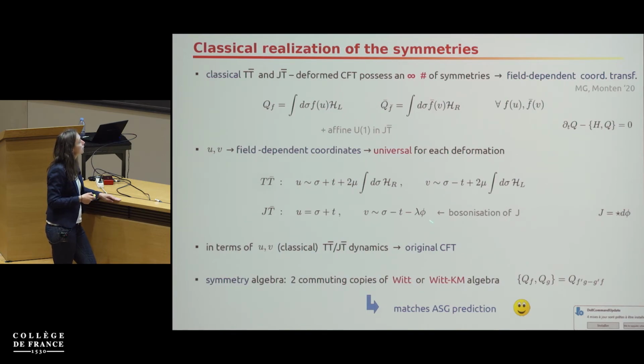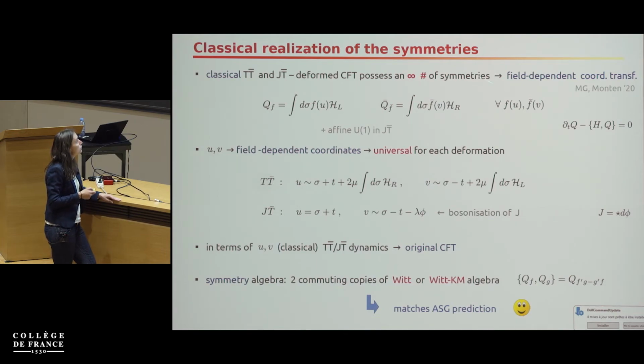In J T bar, the field-dependent coordinates are actually simpler. The first one is not field-dependent at all, because we have a local symmetry on the left. On the right-moving side, the field-dependent coordinate is the right-moving coordinate minus lambda times phi, where phi is the bosonization of the U(1) current. So at least we can write it nicely locally, but it's a field-dependent coordinate.